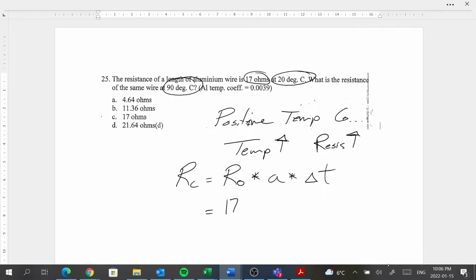Our original resistance is 17. Our temperature coefficient of aluminum is 0.0039. And so that 0.0039 represents the change per degree that the temperature goes up.